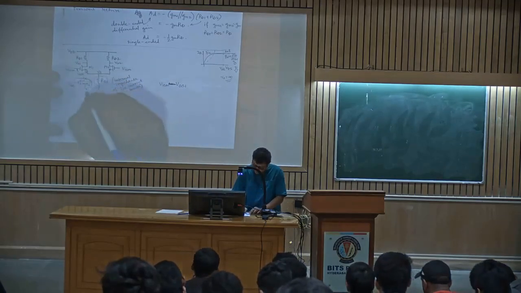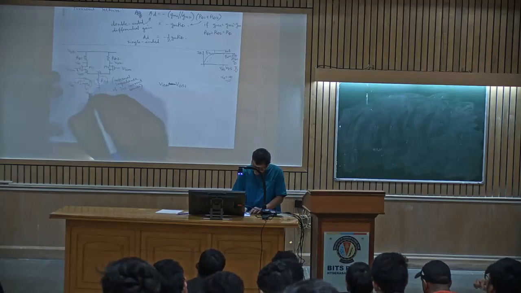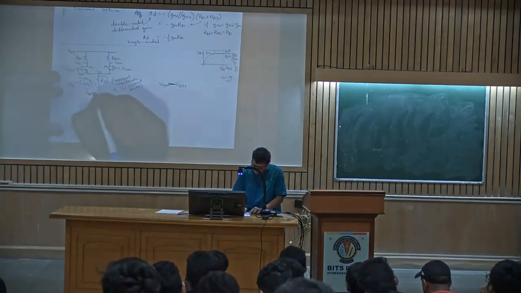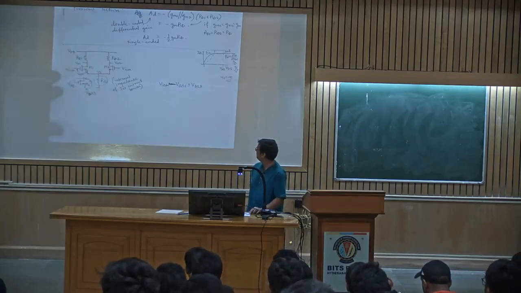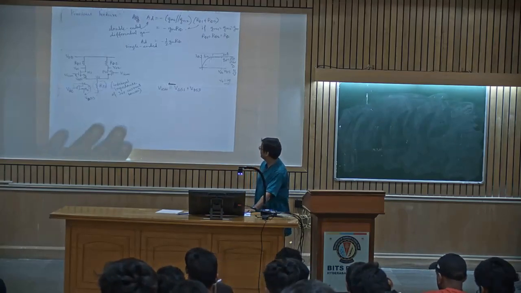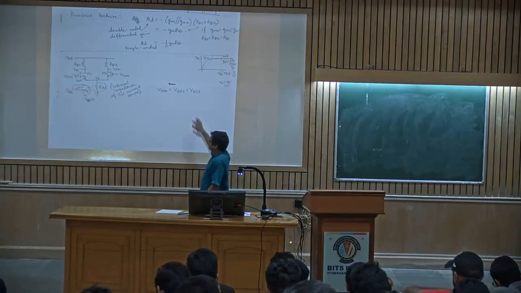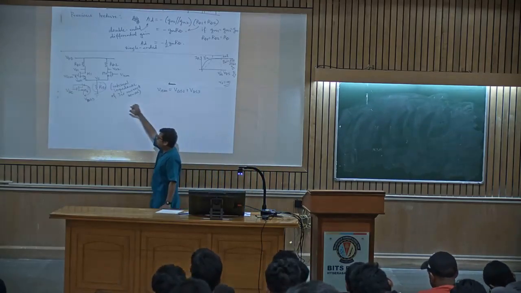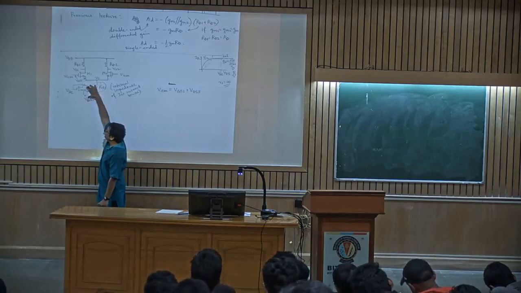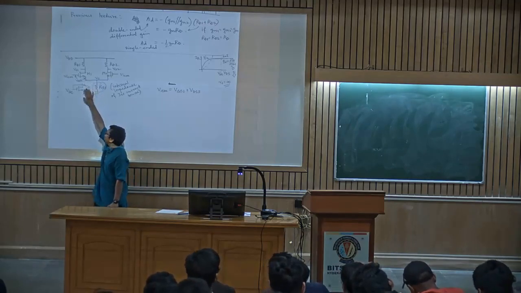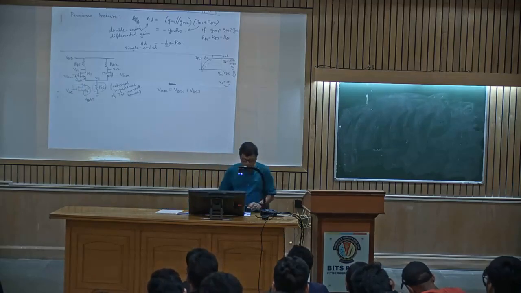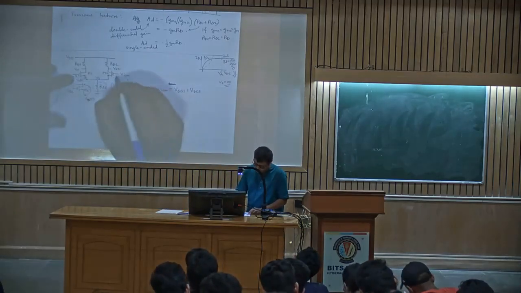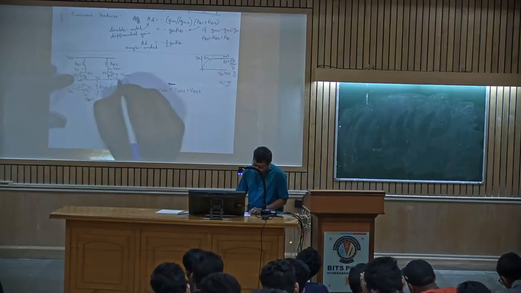What is that voltage? VDS3. Clear? So basically the voltage Vs is nothing other than this VDS3 plus the voltage across the gate and the source, VGS1. Notice that VGS1 is also equal to this VGS2.